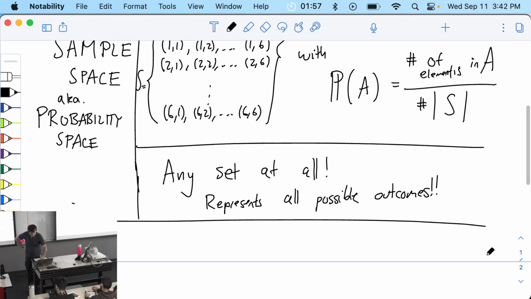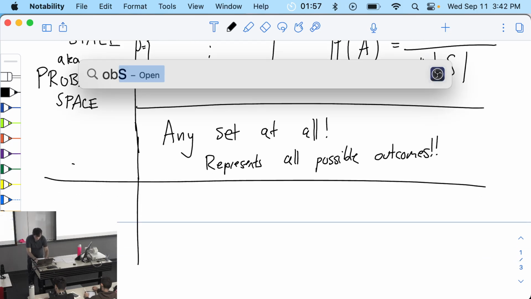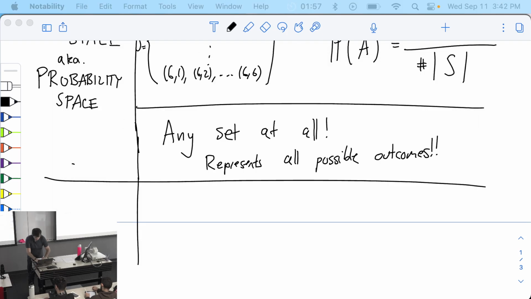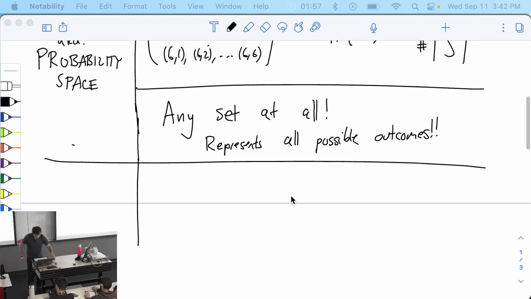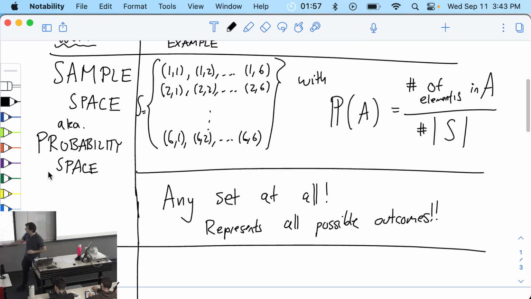The other things that you might want to do, let me get my notes here and make sure I don't miss one. Okay, there was something called a simple event. A simple event is just any one of these individual possibilities.